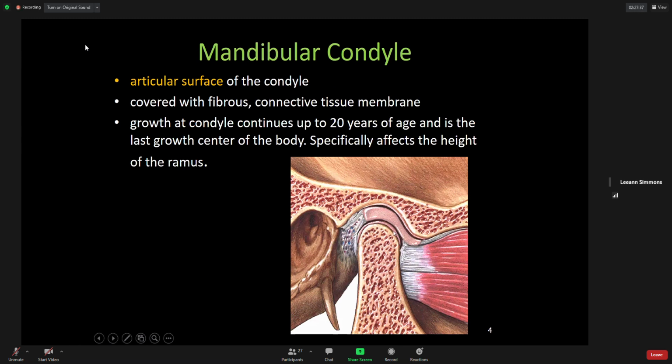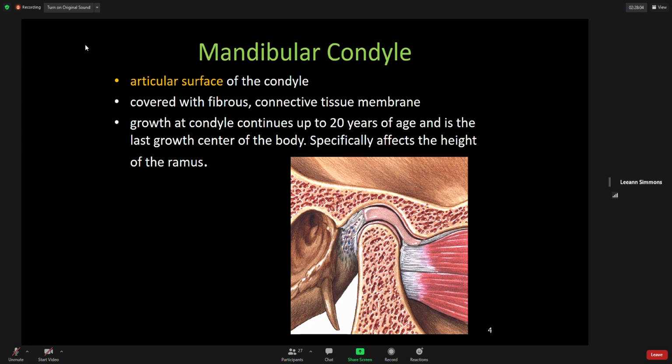So this surface, the top surface of the condyle, is the articular surface of the condyle. It's the very top, it's like the top of your head, where your hair grows from. And it too is covered with that connective tissue membrane. And an interesting fact, the condyle is the last growth center of your body to stop growing.